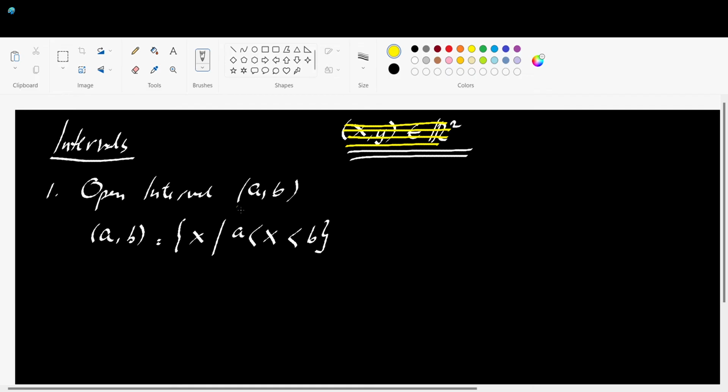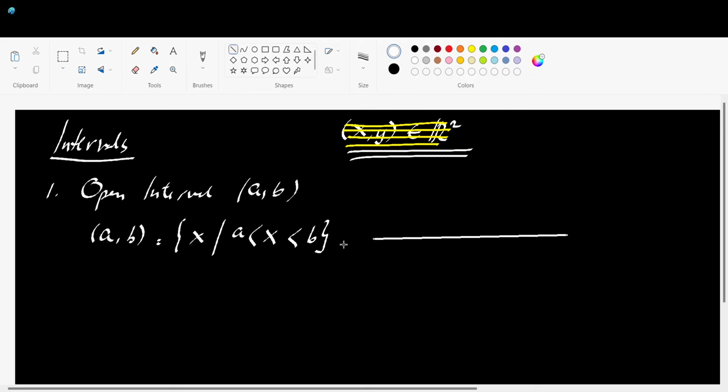The open interval consists of real numbers. So when you see a pair of parentheses and the numbers a, b, the set refers to all numbers between a and b. Let us illustrate that.